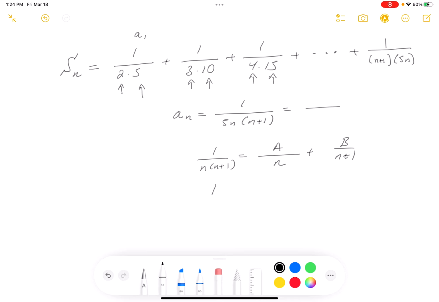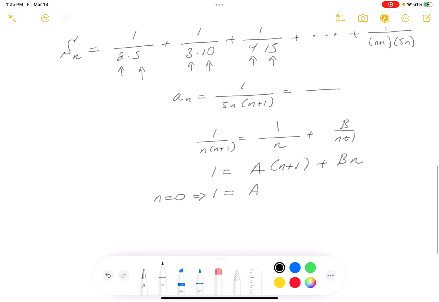And what do you get there? You get 1 equals a times n plus 1 plus b times n. I'm going to pick an easy n. I'll pick n to be 0. You would get 1, you would get a, so a is 1. The b disappears, right? I'll get my eraser out, and I'll write that down for you.